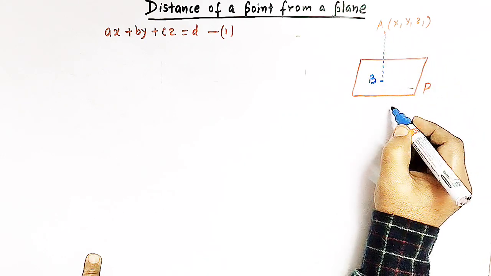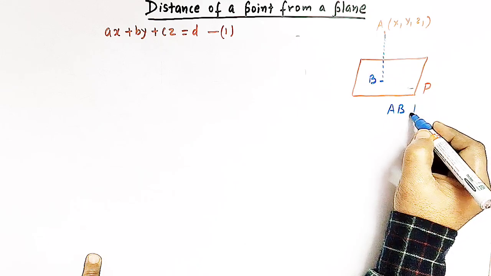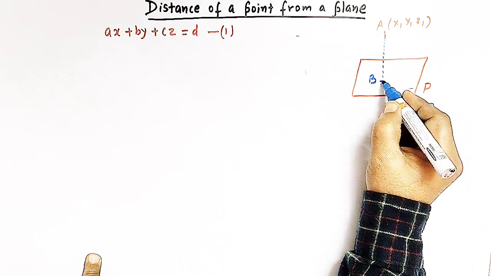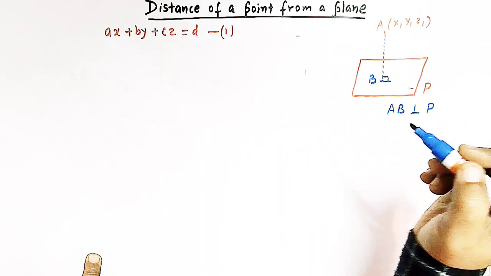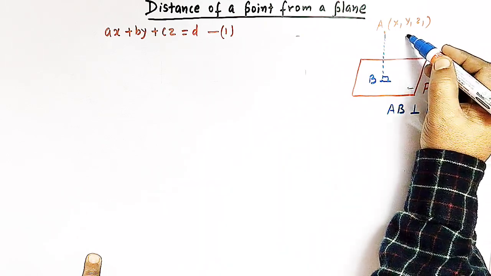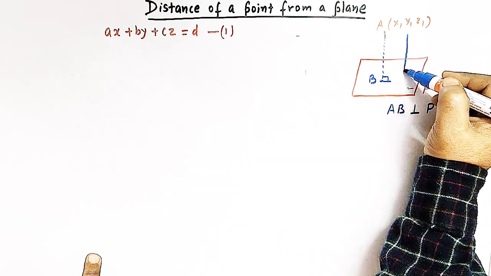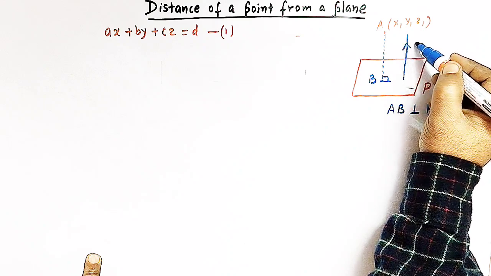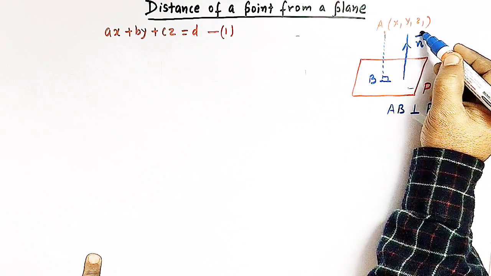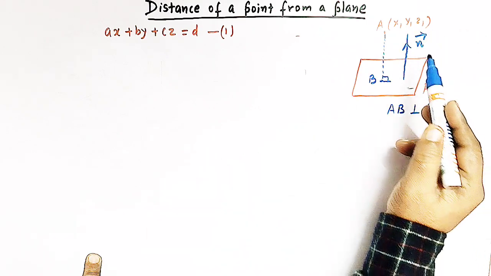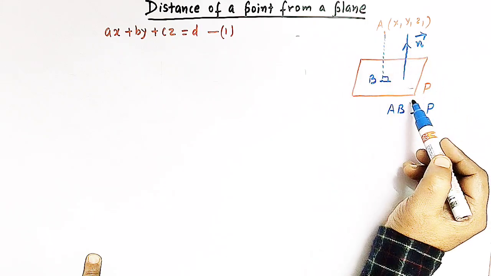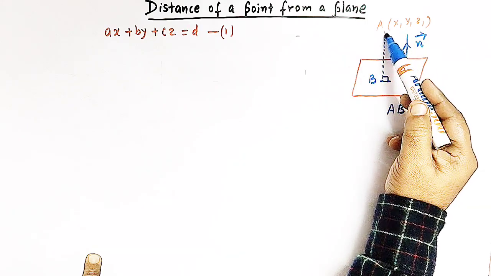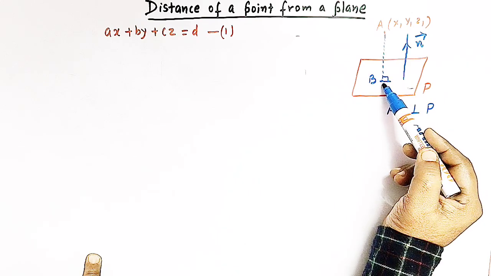And AB is perpendicular to the plane P, right? So here we have 90 degrees, and let us draw the normal to the plane, and this normal is denoted by the vector n, right? So here the vector n represents the normal to this plane P, and AB is the perpendicular, right?